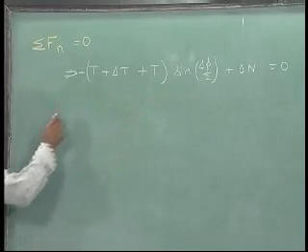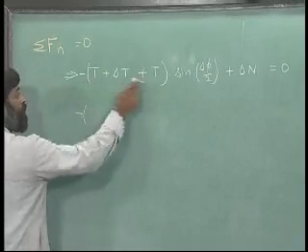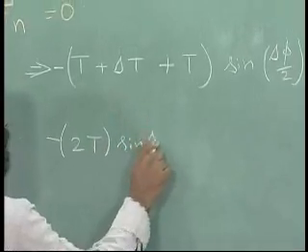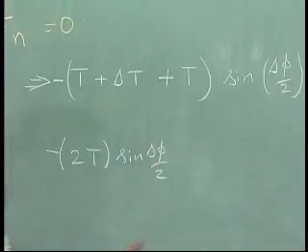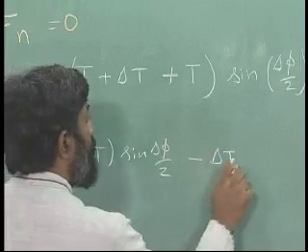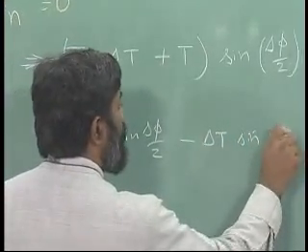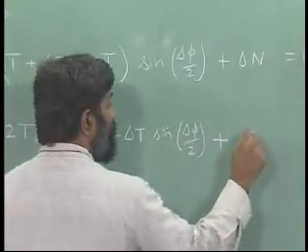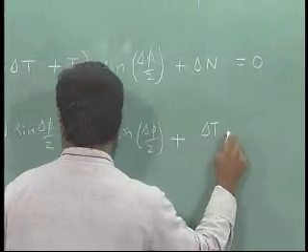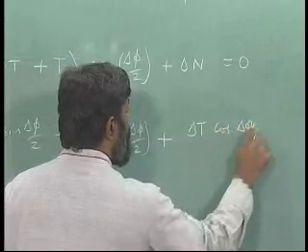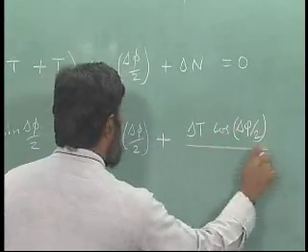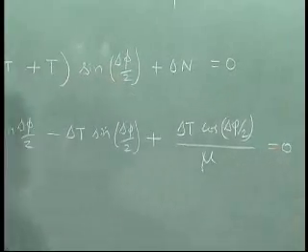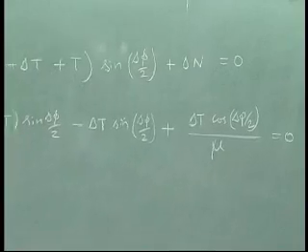So, I have minus 2T sin delta phi by 2, minus delta T sin delta phi by 2, plus delta T cos delta phi by 2 divided by mu, and this is equal to 0.